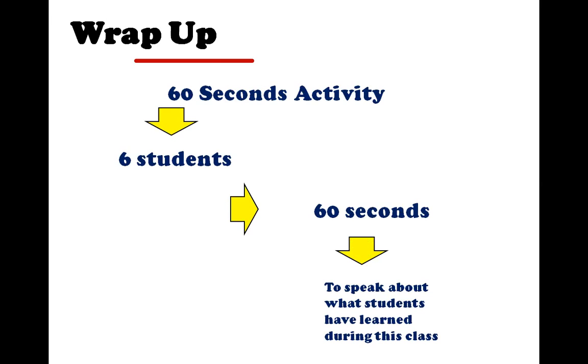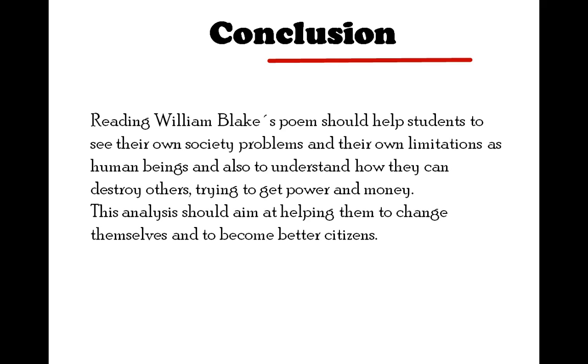If they were William Blake, what would they criticize, etc. They should be creative. For this activity, we will have only 10 minutes. After that, we have finished the presentation.